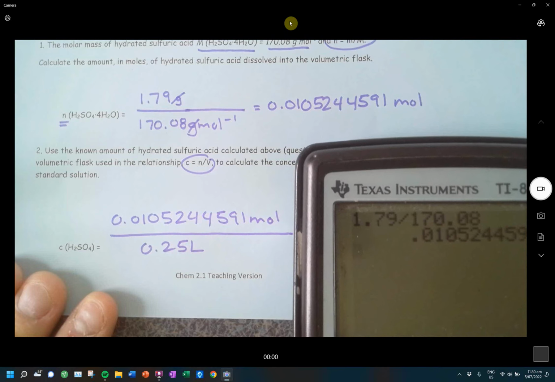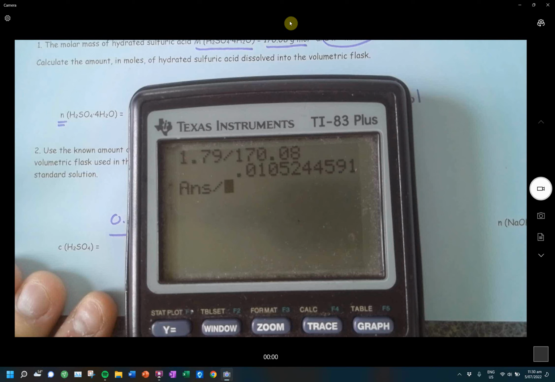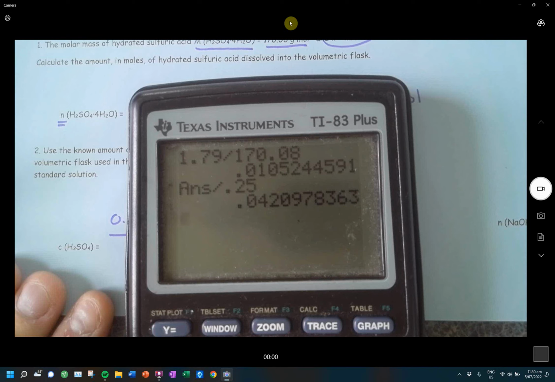And like I said, it's useful to keep things in the calculator because now I don't have to retype out that answer. I can just go divide and it's going to take that answer, 0.25, and then that's my concentration. Again, leave the number nice and long. We will round at the very end.